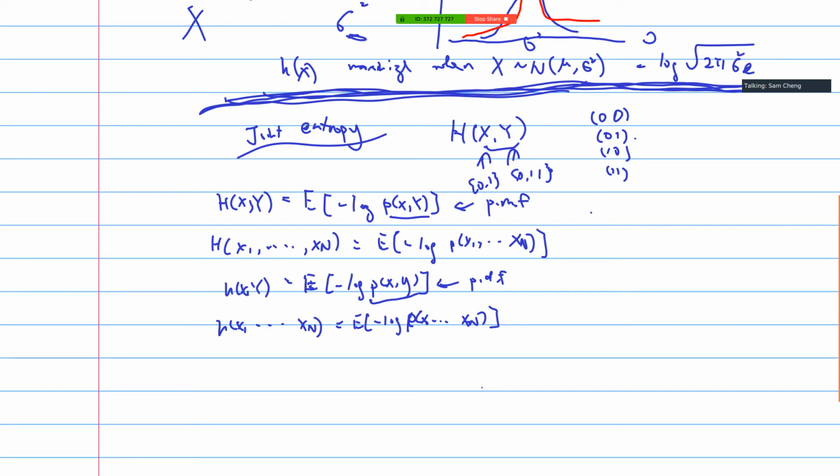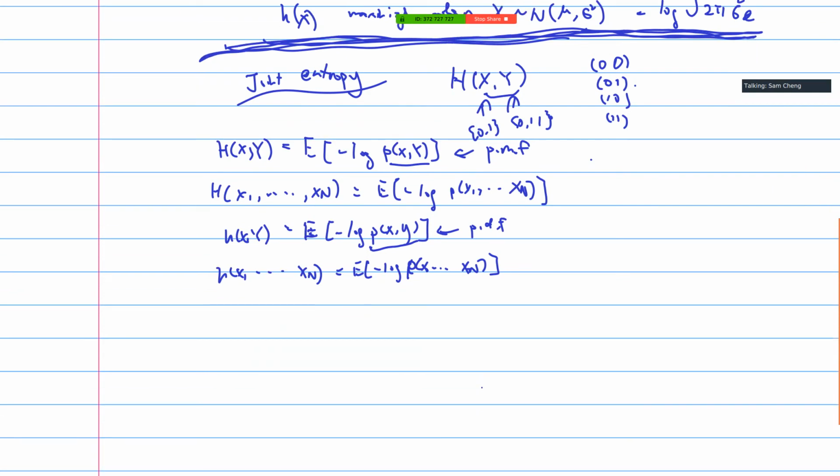Now that we have the joint entropy, what we can do next is introduce the so-called conditional entropy.